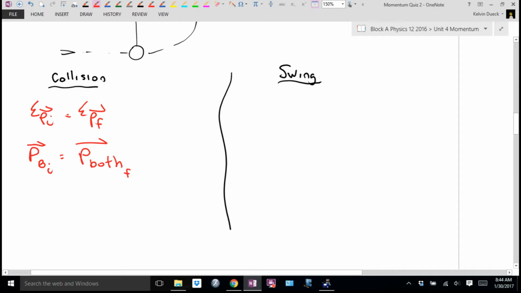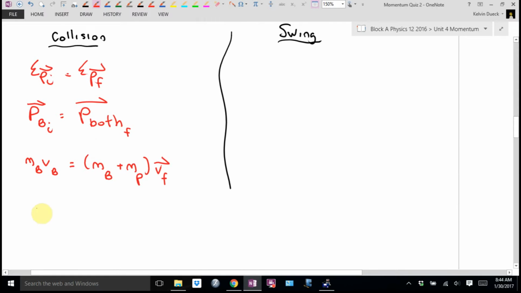Thankfully, this collision is in a nice straight line. Woohoo! So I can say mass bullet v bullet equals mass bullet plus mass pendulum v final. I can say v final is going to be the mass of the bullet times velocity of the bullet, divided by mass of the bullet plus mass of the pendulum.